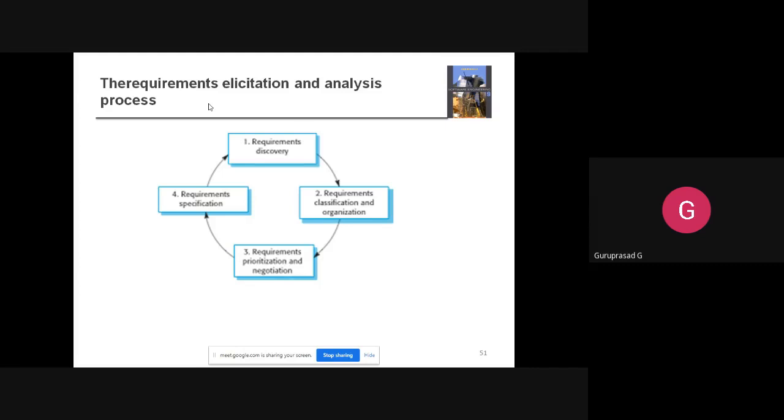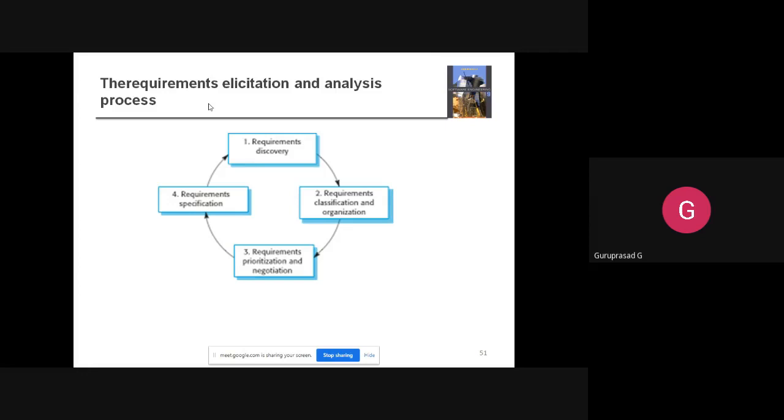It will include the end users, managers, engineers, business managers, domain experts, and representatives. You see the process model there, like a spiral model. It has 4 steps. We call them requirements discovery, next requirements classification and organization, next requirements prioritization and negotiation, and requirements specification.